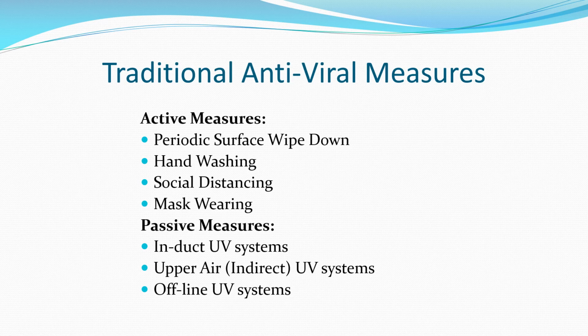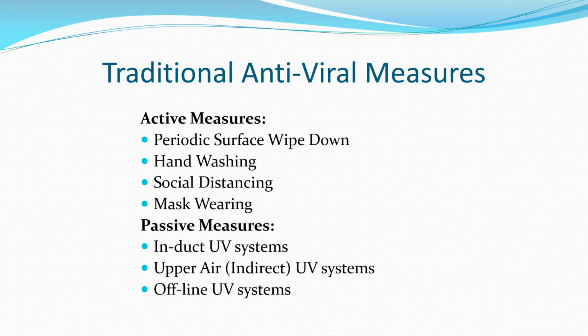Passive measures include in-duct UV systems, which have germicidal UV lamps placed inside the HVAC system. There's no occupant exposure and there's no surface disinfection. But keep in mind, most in-duct systems have been sized to prevent mold buildup on the cooling coils of the HVAC system, not to disinfect the air passing through them.